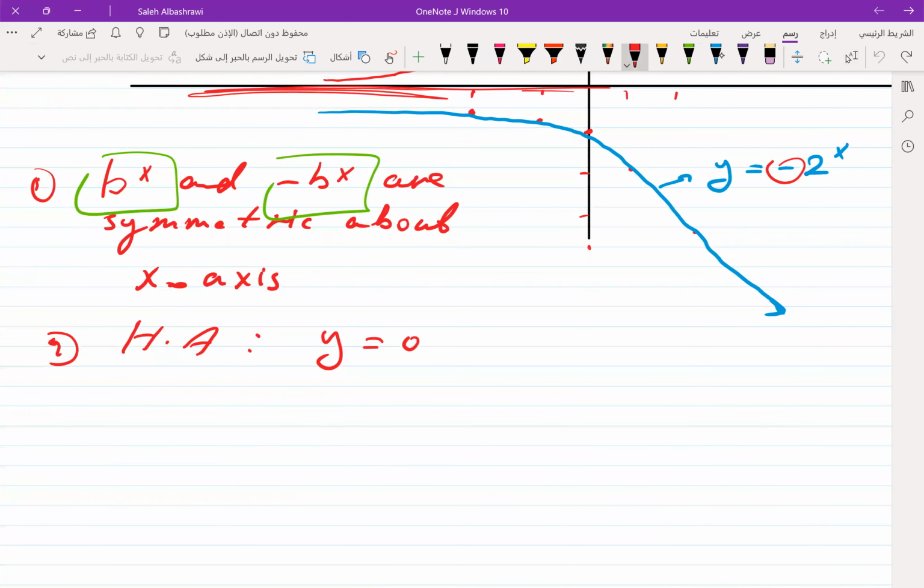Number 3, y-intercept in this case, if x equal to 0, y will be minus 1. So it is 0 and minus 1. And the function is decreasing also, because we multiply by negative. It was increasing, and multiplied by negative, I will have a decreasing function. So this is the idea of getting the exponential function.